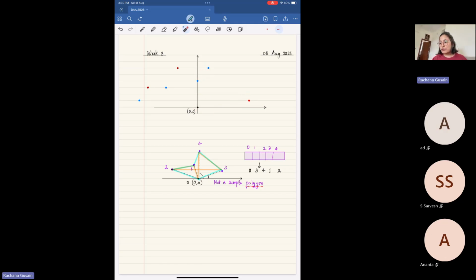And once you have sorted the points in the increasing order of these angles, if you try to draw a polygon, that polygon is going to be a simple polygon. No two edges are going to cross each other. Is the problem statement clear?